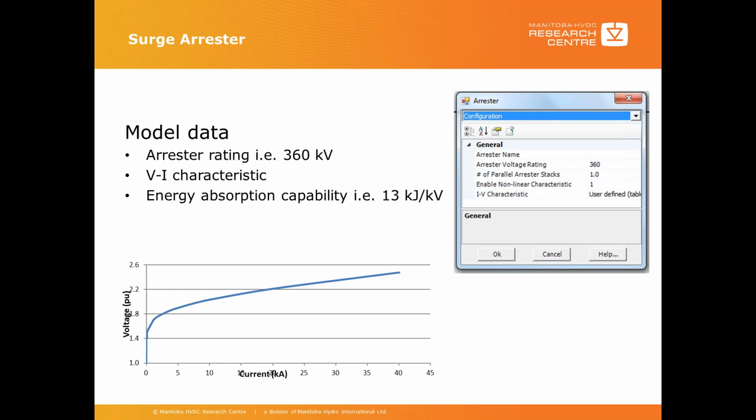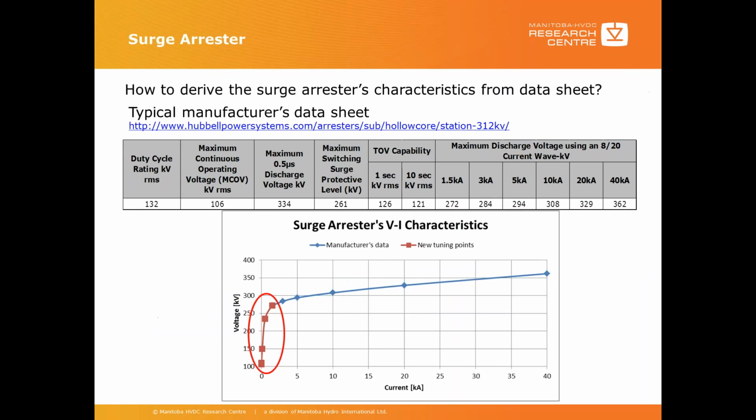For surge arrestor model, you need to know the arrestor rating, the VI characteristic, and also the energy absorption capability to generate the VI parameters of the surge arrestors. Sometimes the data sheet provided by manufacturer is not sufficient to create a full VI curve.